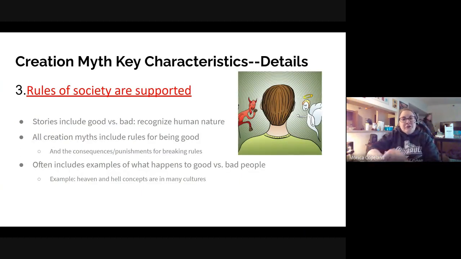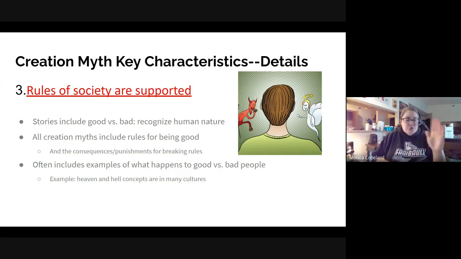Okay, the third characteristic, the rules of society are supported. So a lot of times how you'll see this characteristic in creation myths is you'll see stories that include the good and the bad of humans, because humans, we all know this, we have a good side and a bad side. In the Christian creation myth, that's shown with the devil and the angel on your shoulder, for example.